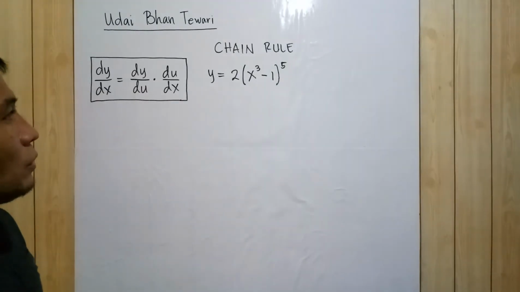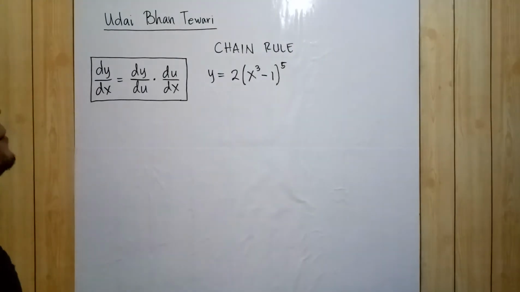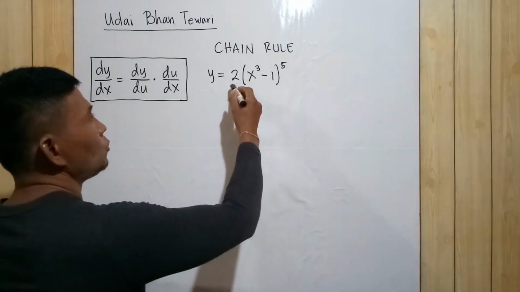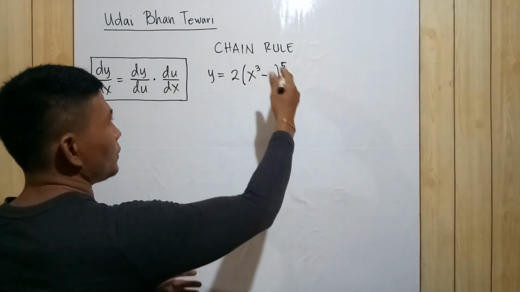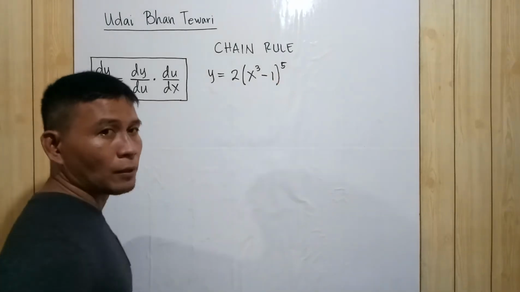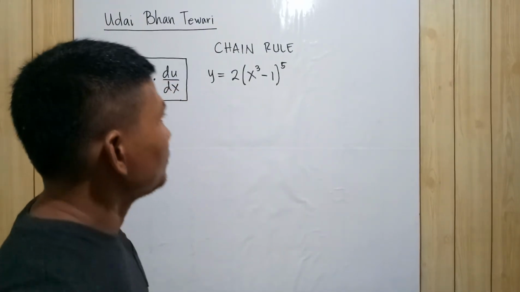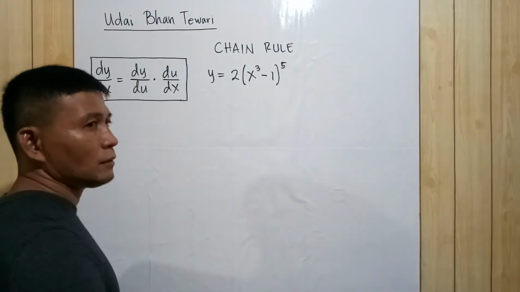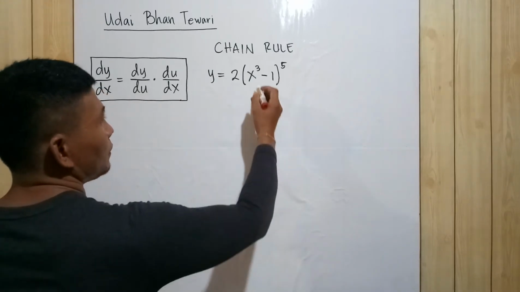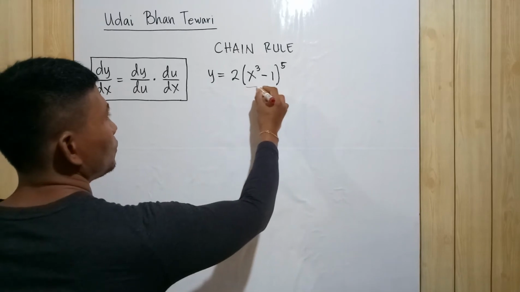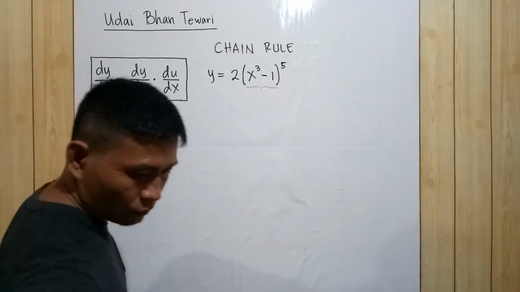So anyway, I will show you how to do it. Here we are given y is equal to 2 times the quantity of x cubed minus 1 to the power 5. So here, in chain rule, we let this function inside the quantity sign to be equal to another variable u.